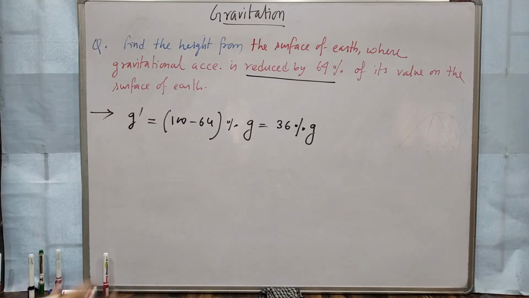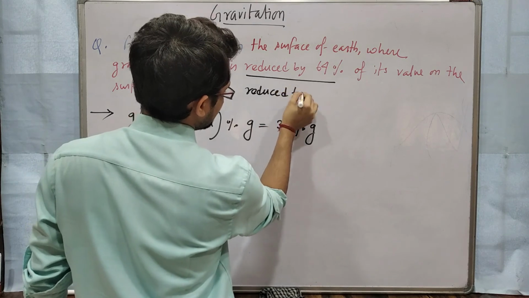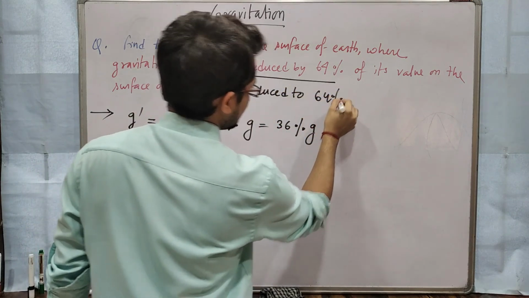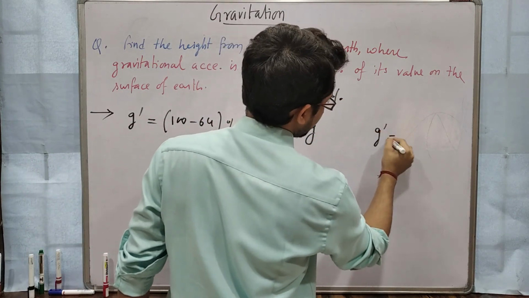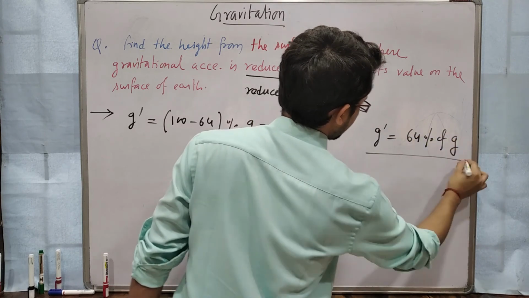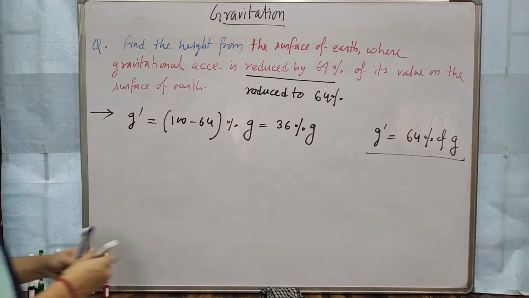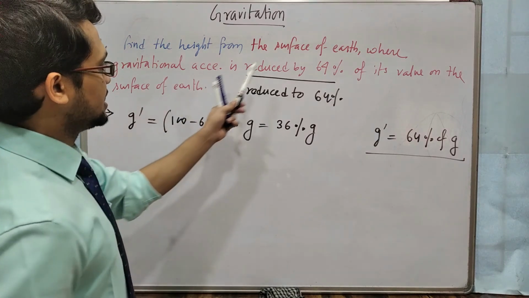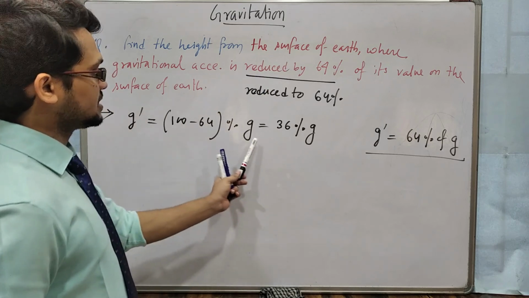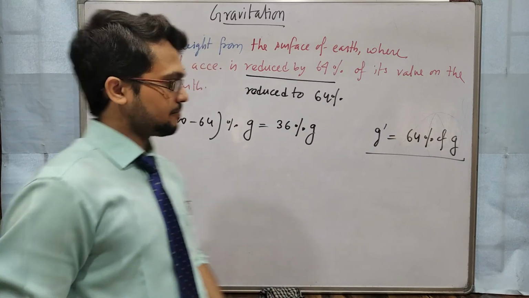Okay, if the word is reduced to 64%, then g prime will be 64% of g. Okay, here you have to understand this word. Only this thing you have to understand. If it is reduced by, then 100 minus 64% of g. If it is reduced to, then 64% of g.